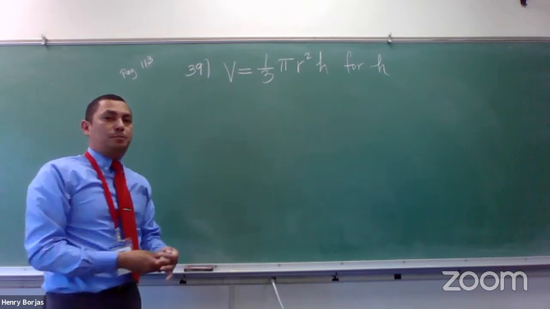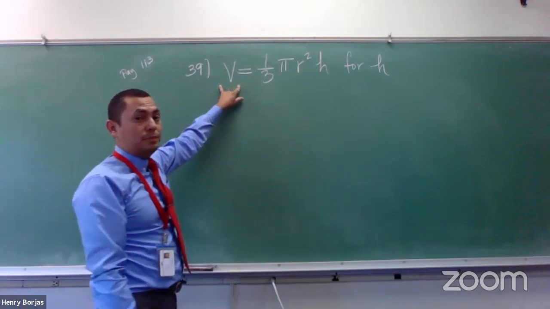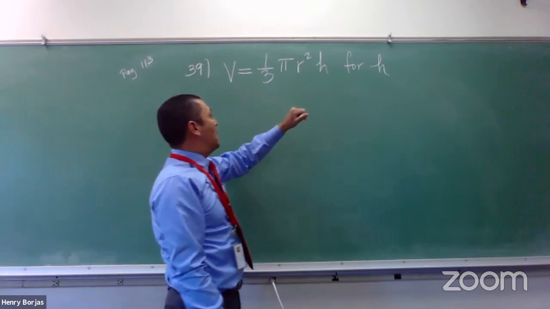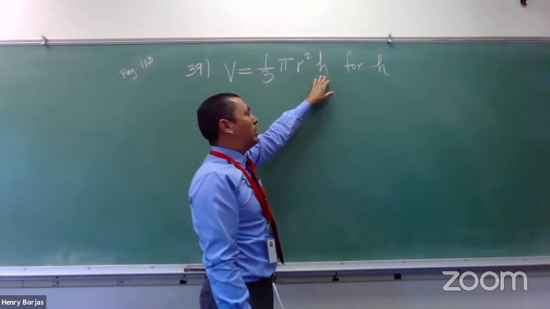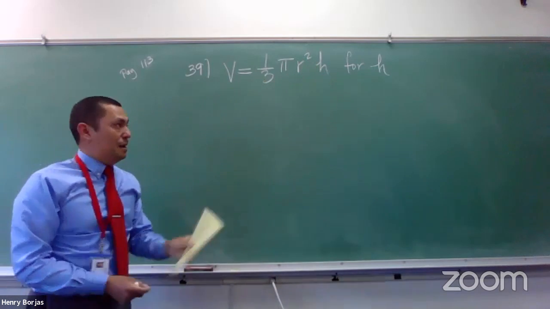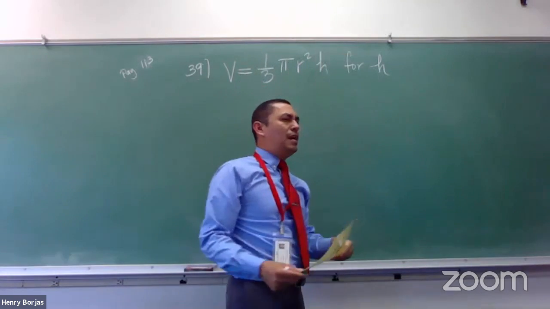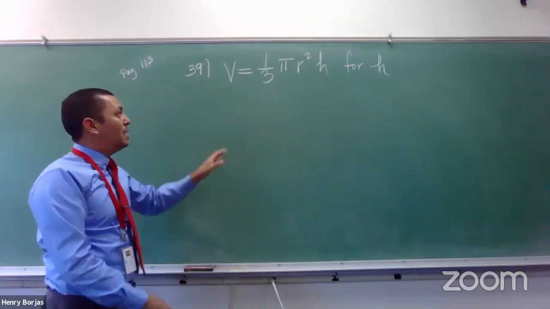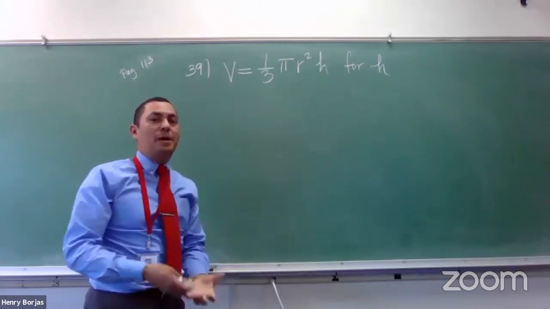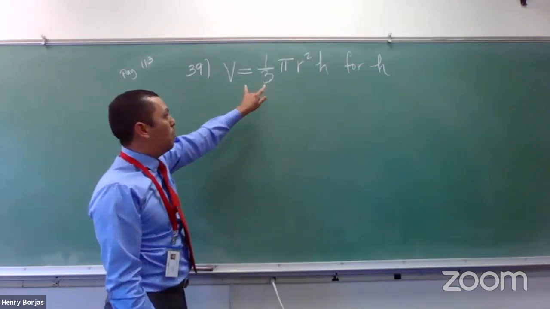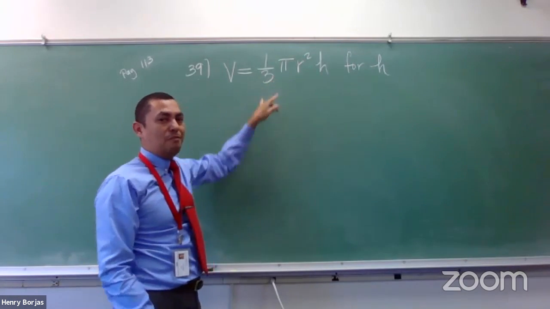Okay, so the next problem is a volume formula. I have 1/3 pi radius squared times h. So again, we are solving for h, so you cover your h. In this case, I'm going to go step by step. I have 1/3, it's a fraction.